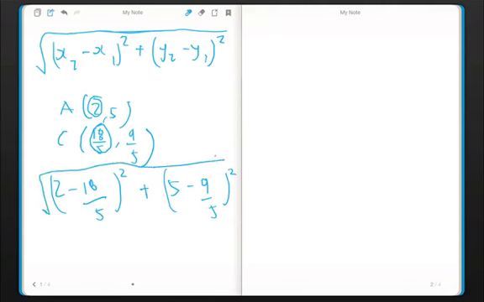If I calculate this on my calculator, I'm sure you're much faster than me on this, the root of that equals 3.57. To 3 significant figures, 3.58. So this is equal to 3.58, which is our final answer.